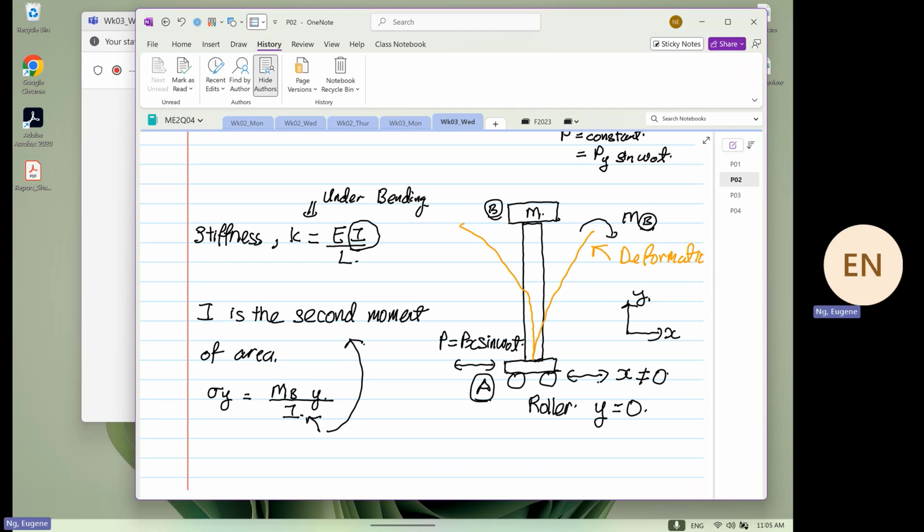The ruler bends. The formula for the second moment of area is width times depth to the power of 3 divided by 12. Now I orientate the ruler vertically and put my vertical force down. Can you see the ruler bend? Why? Because this is my width, and this is my depth, power of 3 divided by 12.